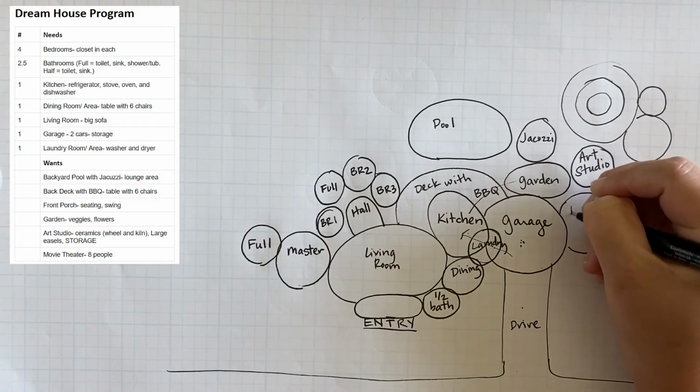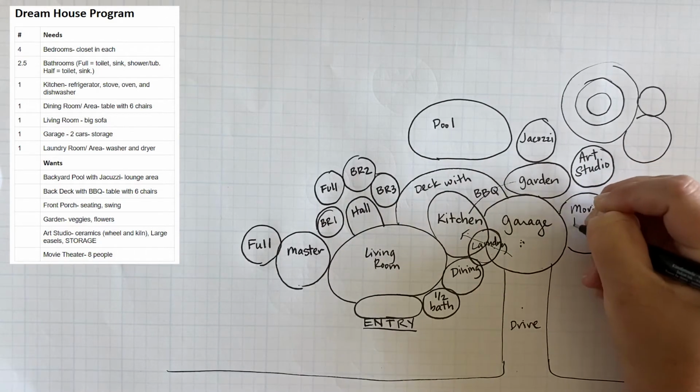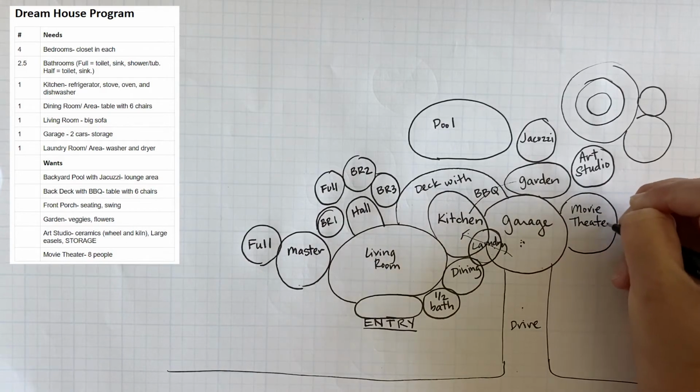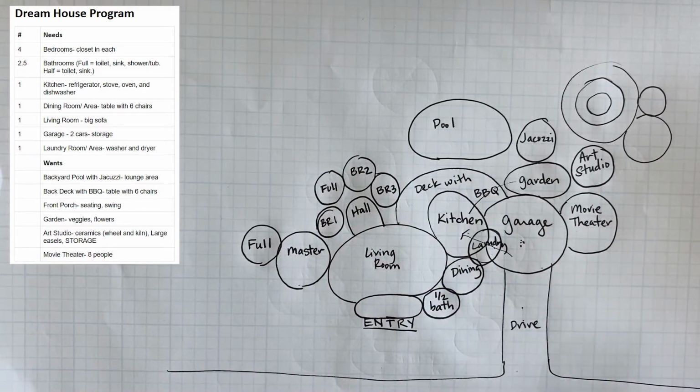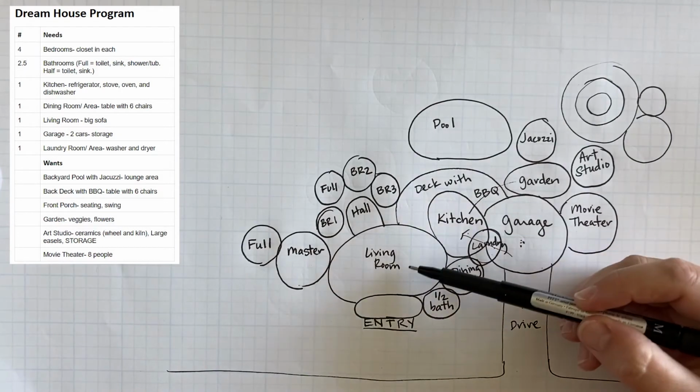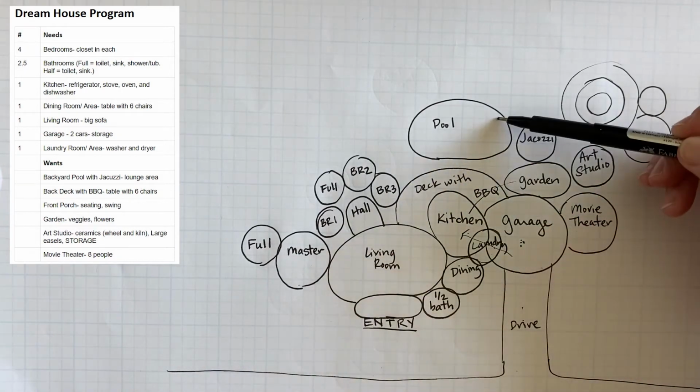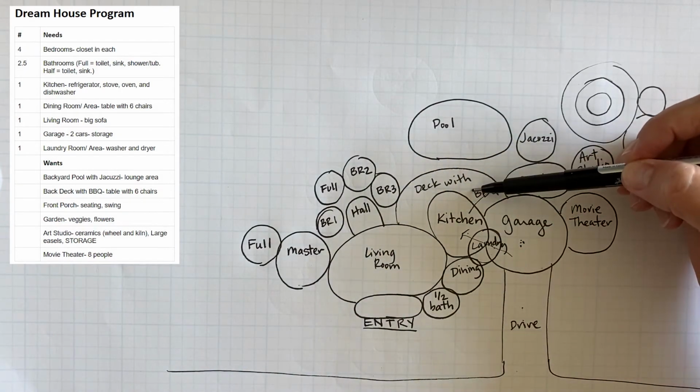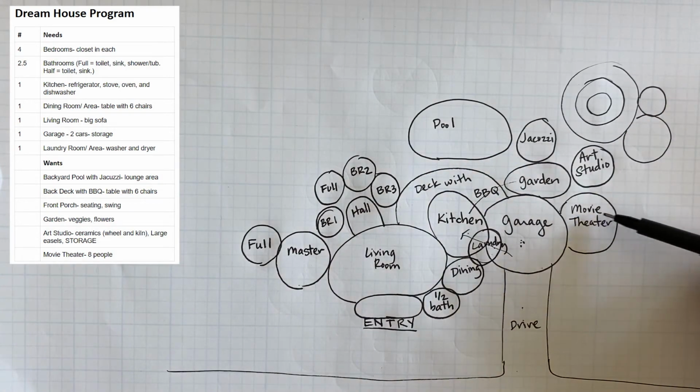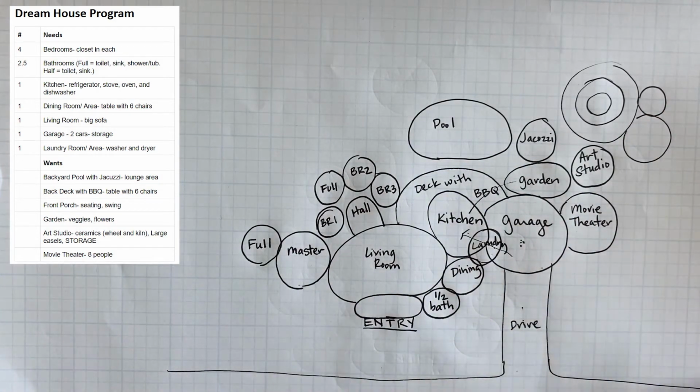This can be our theater. And that way, if our friends are hanging out, they're in the living room, we are in the pool, we're barbecuing, then they can come right over and enjoy a movie to end the night.